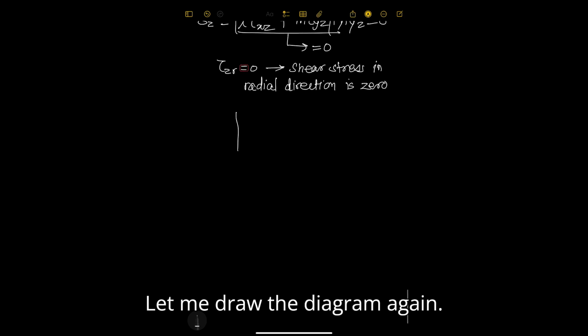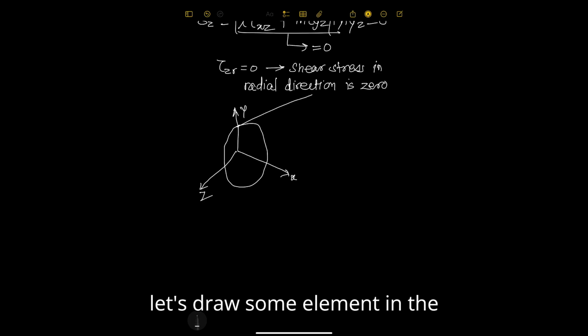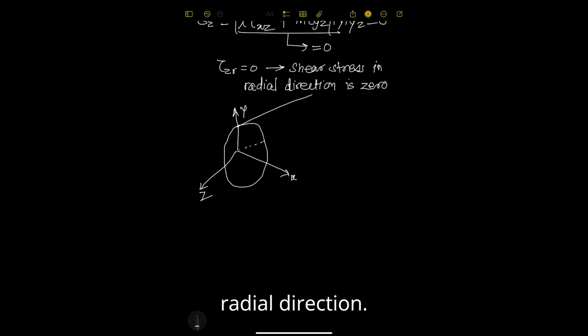Let me draw the diagram again. This is x, this is y, this is z, and let's draw an element in the radial direction.